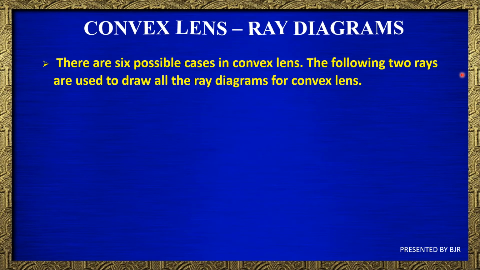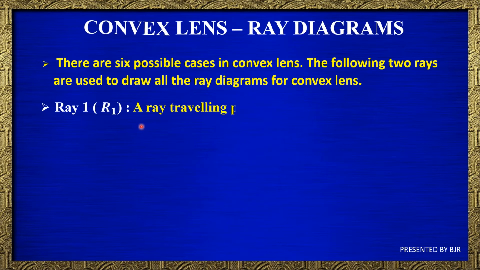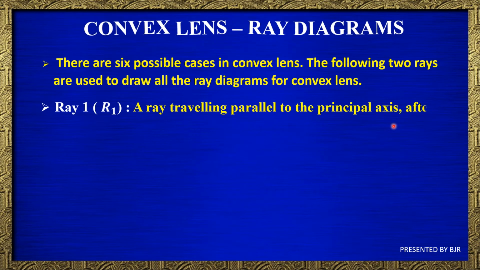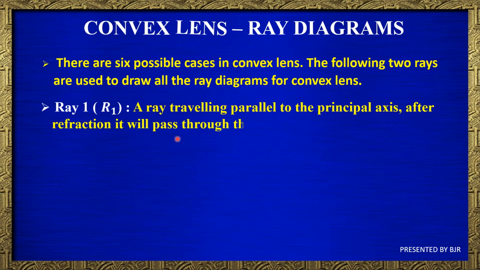Here is ray 1, I call it R1. A ray traveling parallel to the principal axis, after refraction will pass through the focus on the other side of the lens.